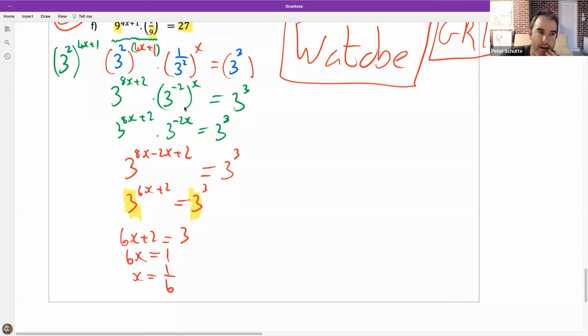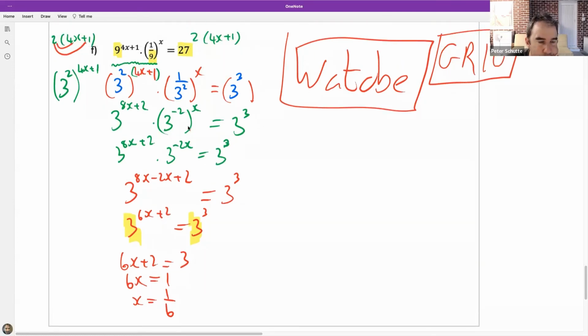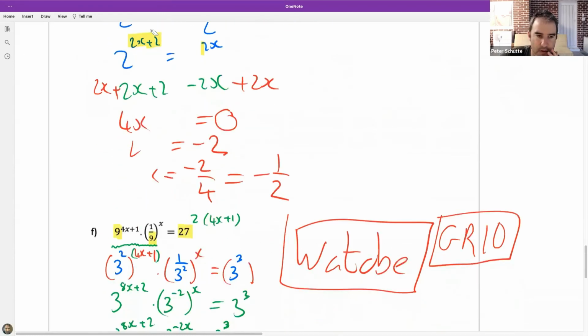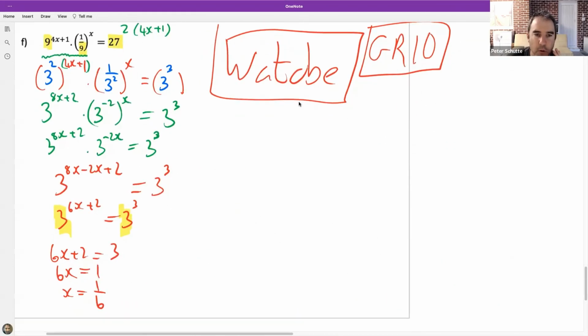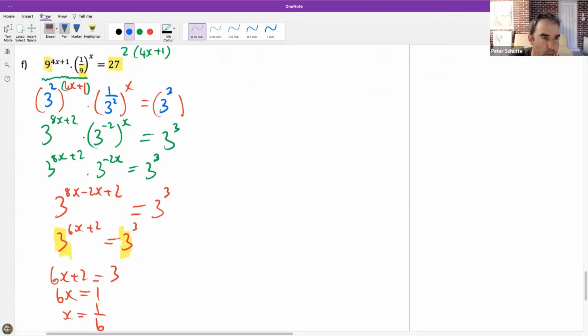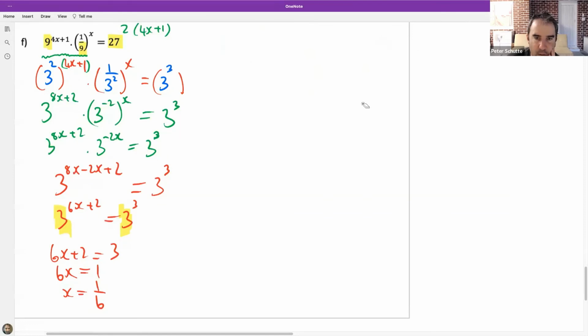Okay, you're talking about question F? Yes, sir. Okay, so the most important thing in question F is to decide on the base. When you look at this question, the first thing that we decided at the beginning was base 3 was going to be important. And so I wrote the stuff that I knew was going to stay the same first.